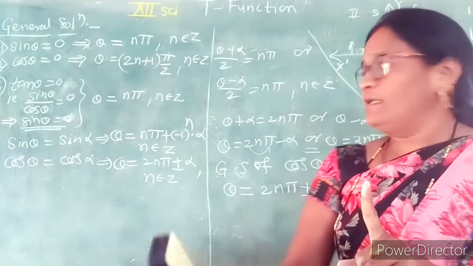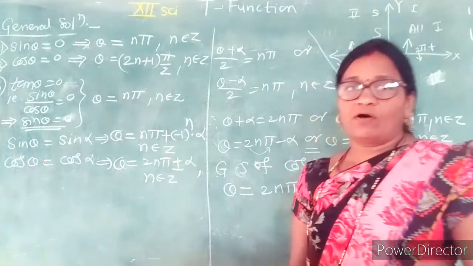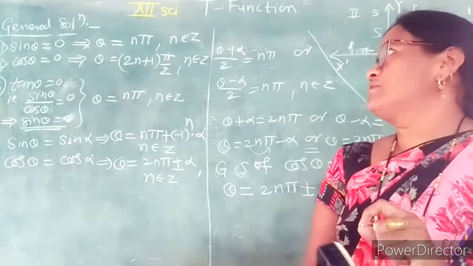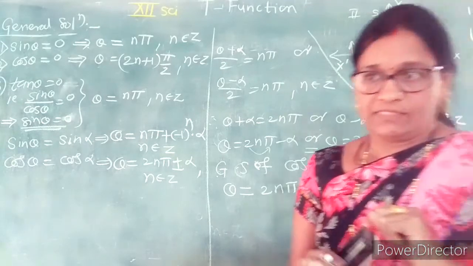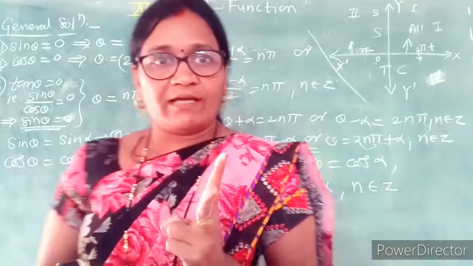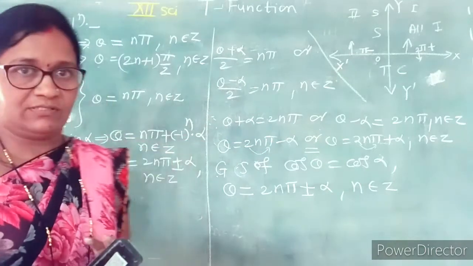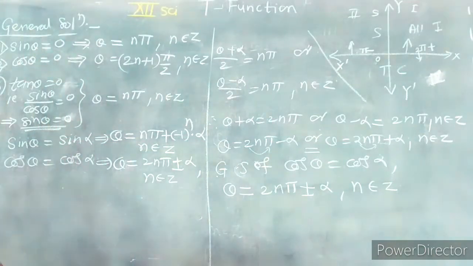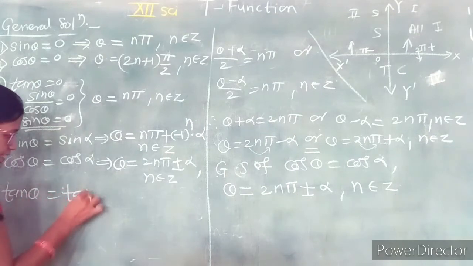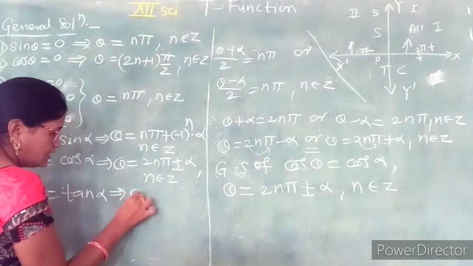For negative measurement, this alpha depends on its smallest positive angle. So we take the minimum angle for this, because for negative measurement of an angle you again get two values, or two quadrants. So for the equation tan theta equal to tan alpha, we find the solution for theta.